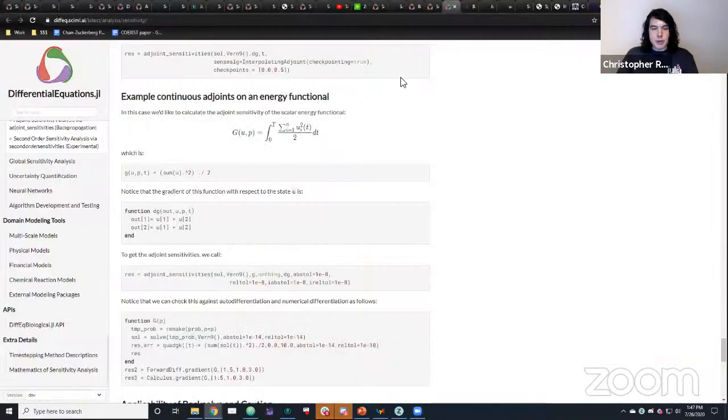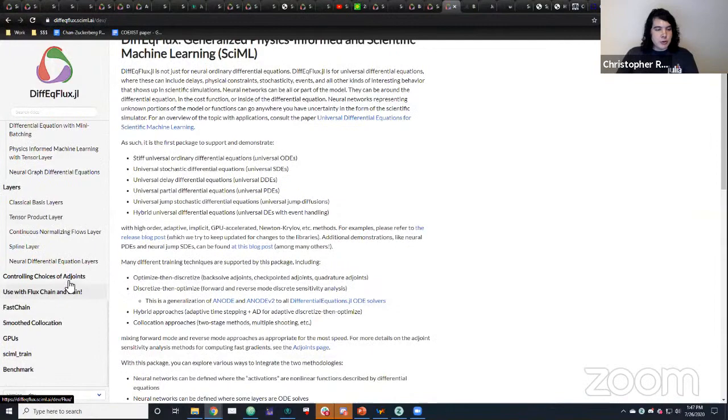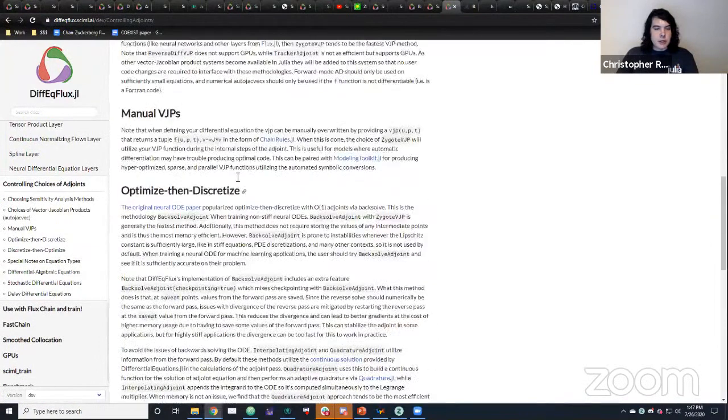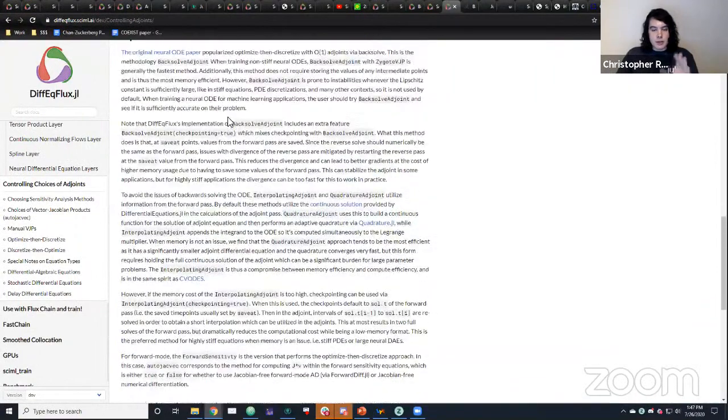So one little detail to make note of for that is that, let's see, on diffeqflux.sciml.ai, we go to choices of adjoints. So these optimized and discretized methods that are described here all are compatible with black box solvers.